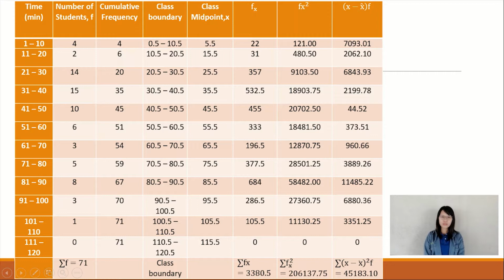Next, we total up the frequency, with the summation of frequency being 71. The summation of fx is 3380.5, and the summation of fx squared is 206137.75, and lastly the summation of (x minus x bar) squared f equals 45183.